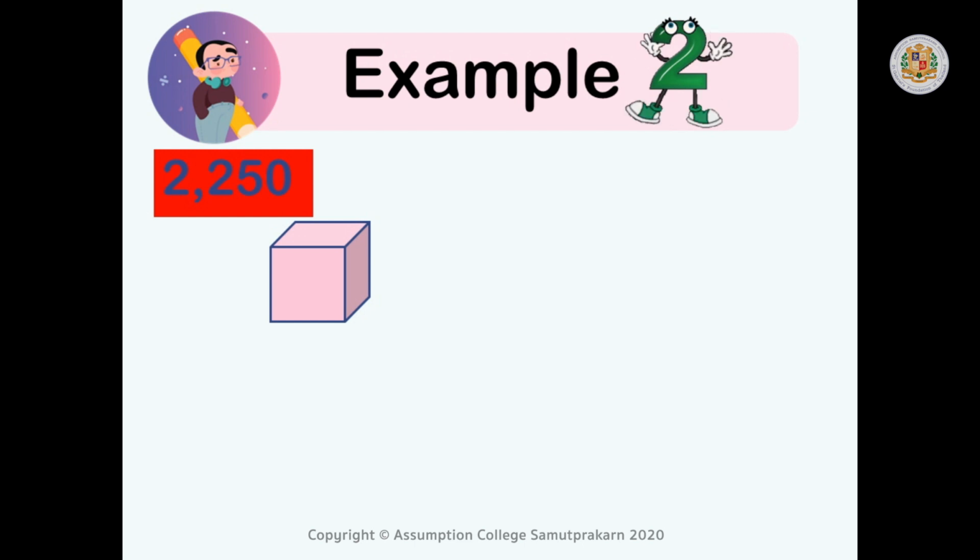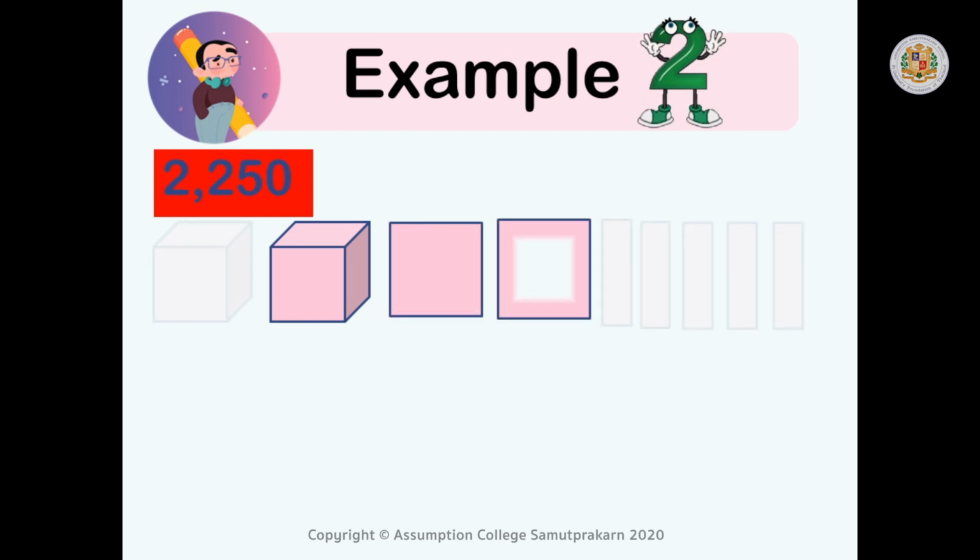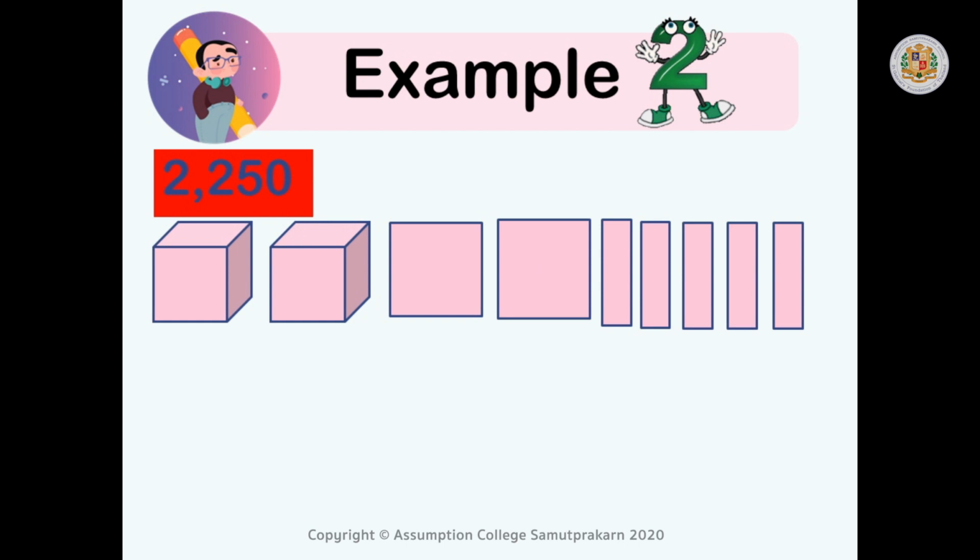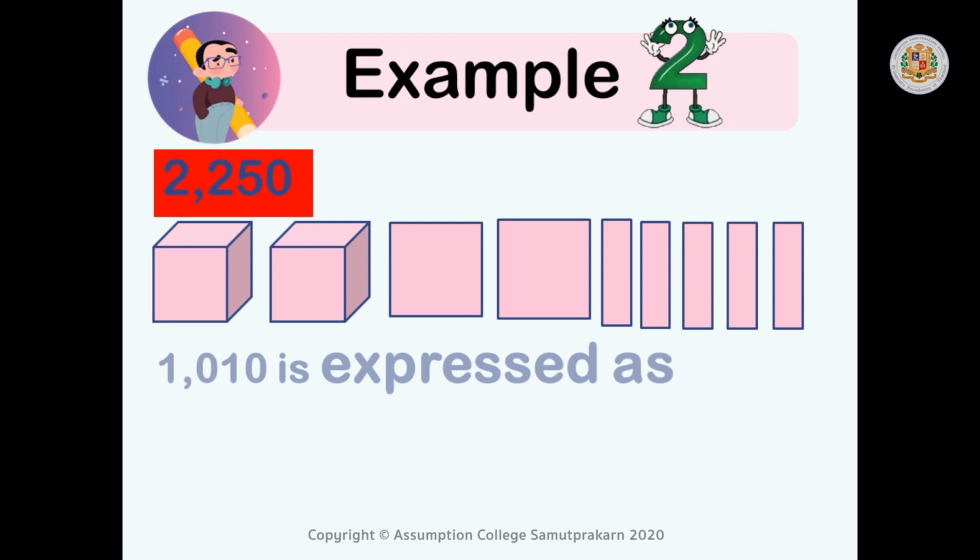Very good. We have 2 cubes, 2 squares, and 5 rectangles, and 0 ones. Next, 1,010 is expressed as. This time, write it in numbers.